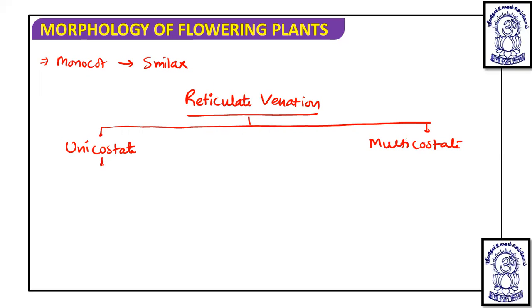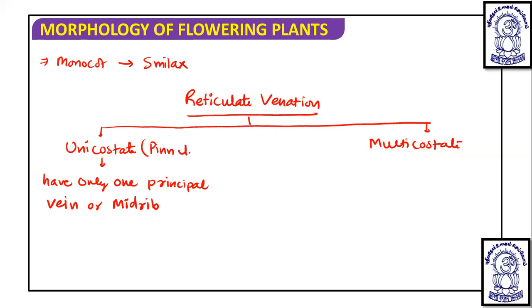In unicostate reticulate venation, you see a type of venation having only one principal vein or midrib. Unicostate is also known as pinnate venation.